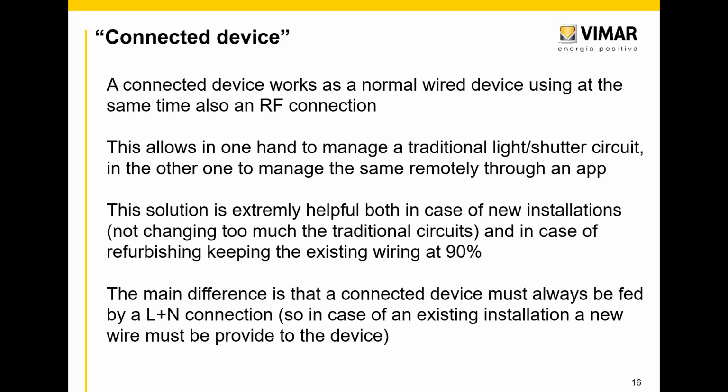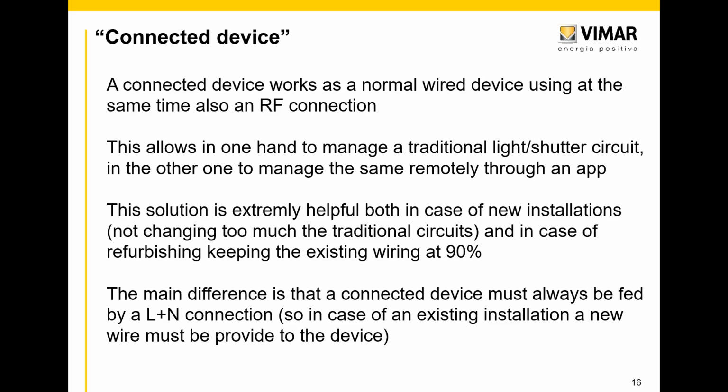We still have the power wire. This cannot be eliminated, but the radio transmission is very good because it doesn't need rewiring of the power circuits, just providing the neutral to the connected device.